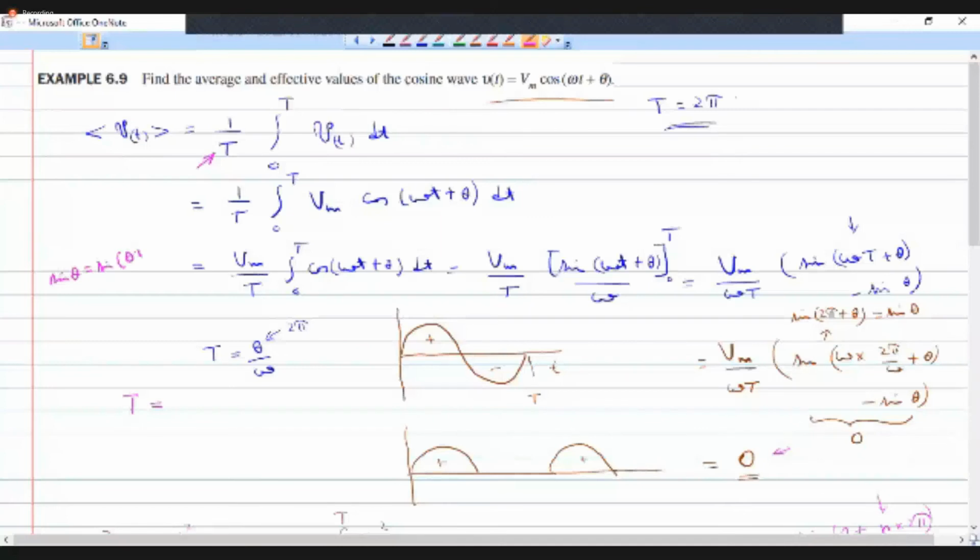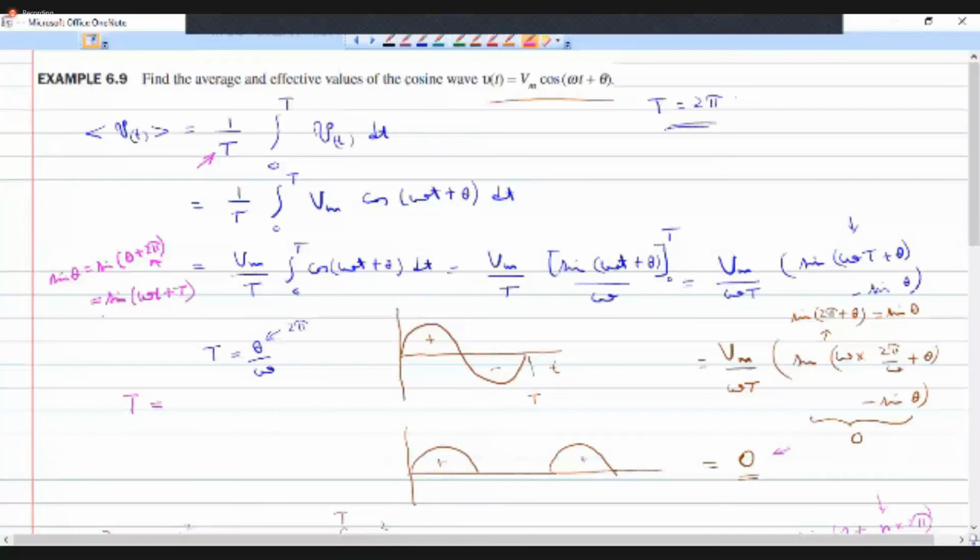If I add 2 pi to this angle, we will get the same function. This is in terms of the angle, but I can express it in terms of time also. Theta is nothing but omega t, so when I substitute omega t, it becomes the period capital T. We have seen this already, right?